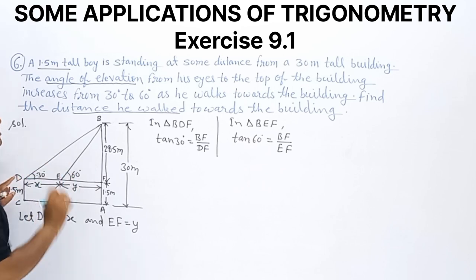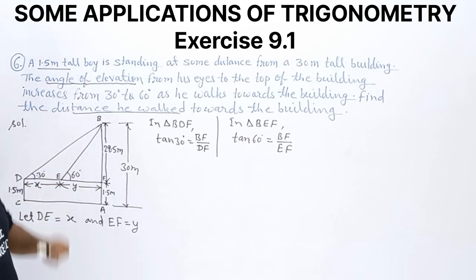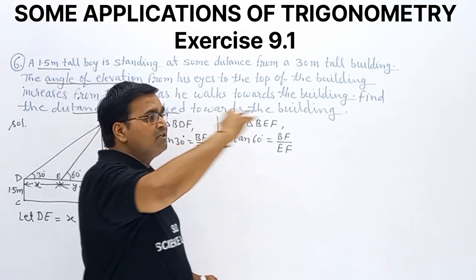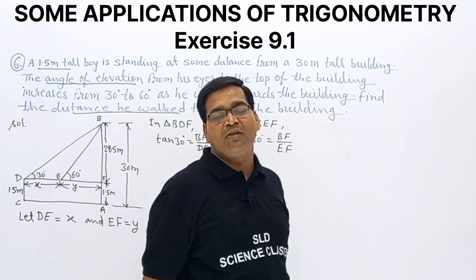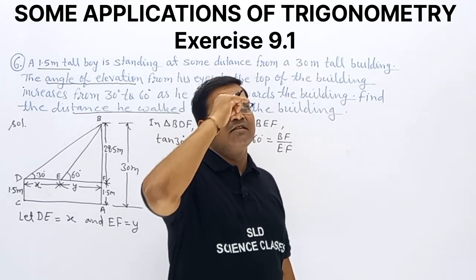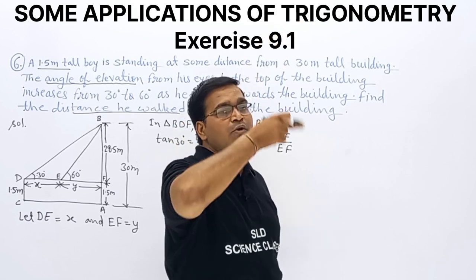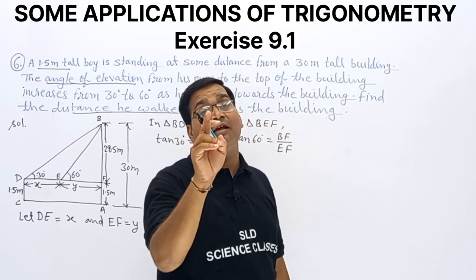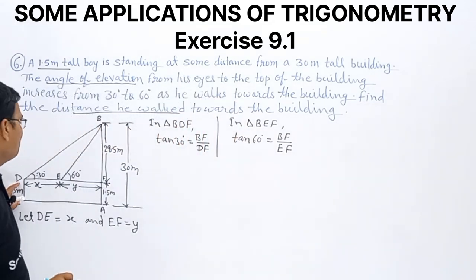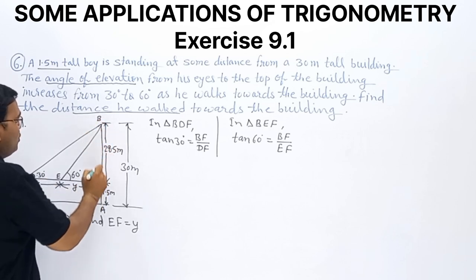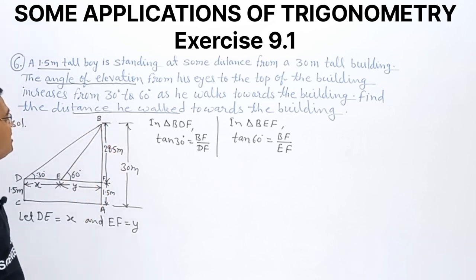These angles 30 degree or 60 degree are angles of elevations, and these are how we are getting from horizontal level? Once we raising head, then line of sight of raising head with horizontal level of eyes, making angle of elevation. So no use of this height. So we reduce this height from the 30 meter. It means we will consider B to F, and that is what? 28.5 meter. Clear?